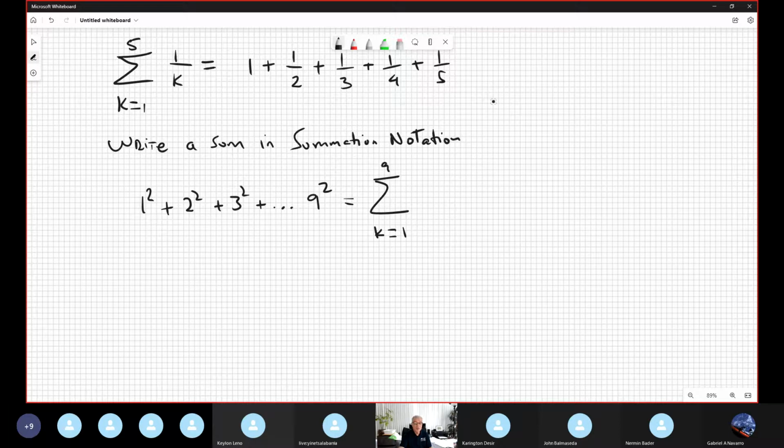The whole expression is k squared. You put exactly the same variable that you declare in the upper limit and lower limit, and the formula inside the summation depends on the same variable that you declare.